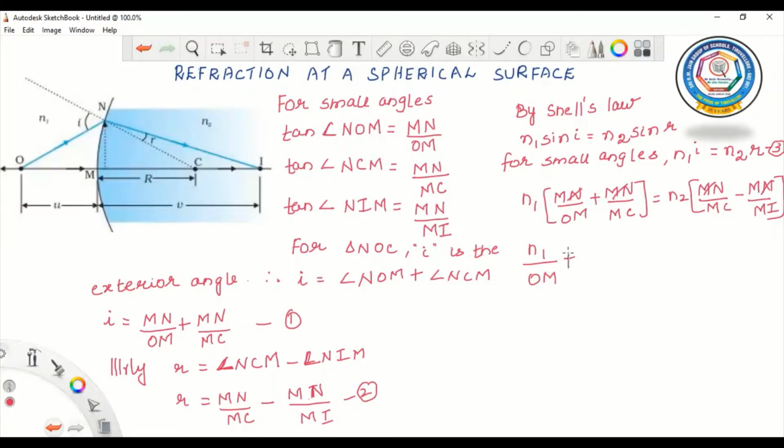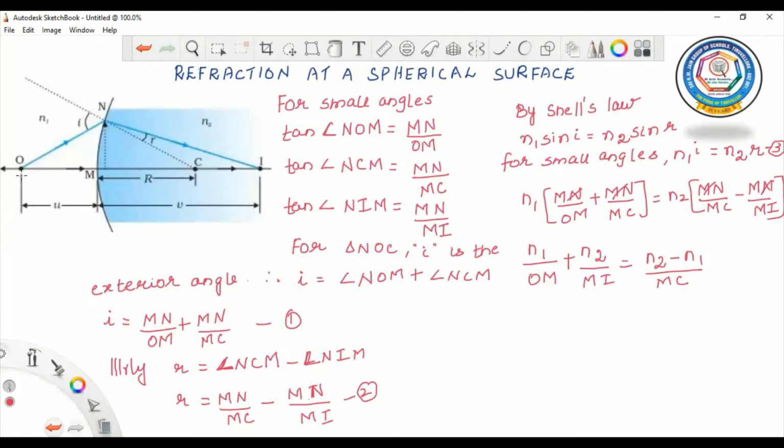So this can be written as N1 by OM plus N2 by MI is equal to N2 minus N1 by MC, because MC is a common denominator here. Now we are going to substitute what is OM, MI and MC.